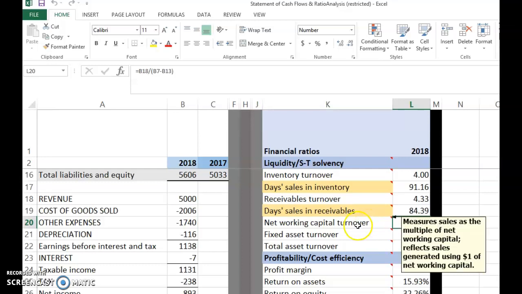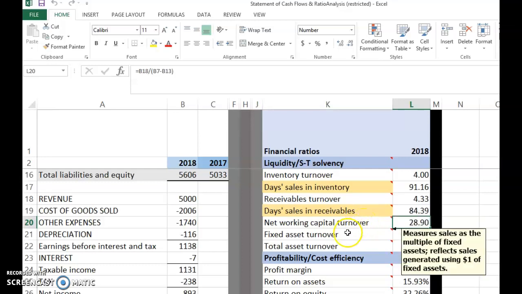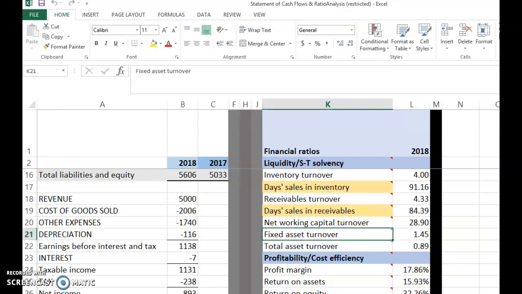So that is the fifth ratio. The next ratio is the sixth ratio, which is fixed asset turnover. The book uses FAT. In other books you can use FATO, TO for turnover and FA for fixed assets.